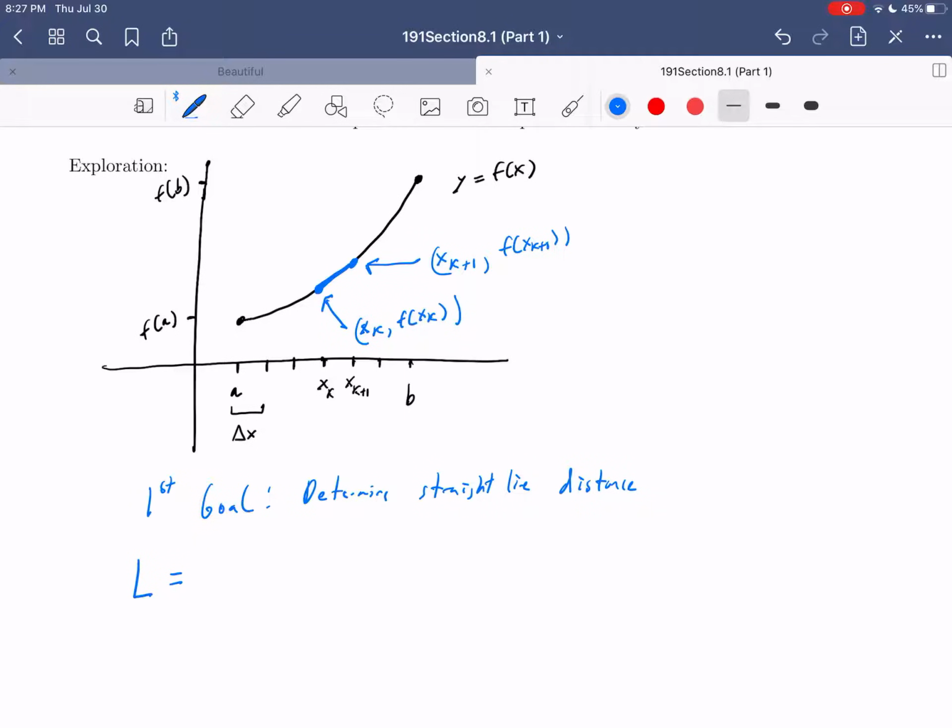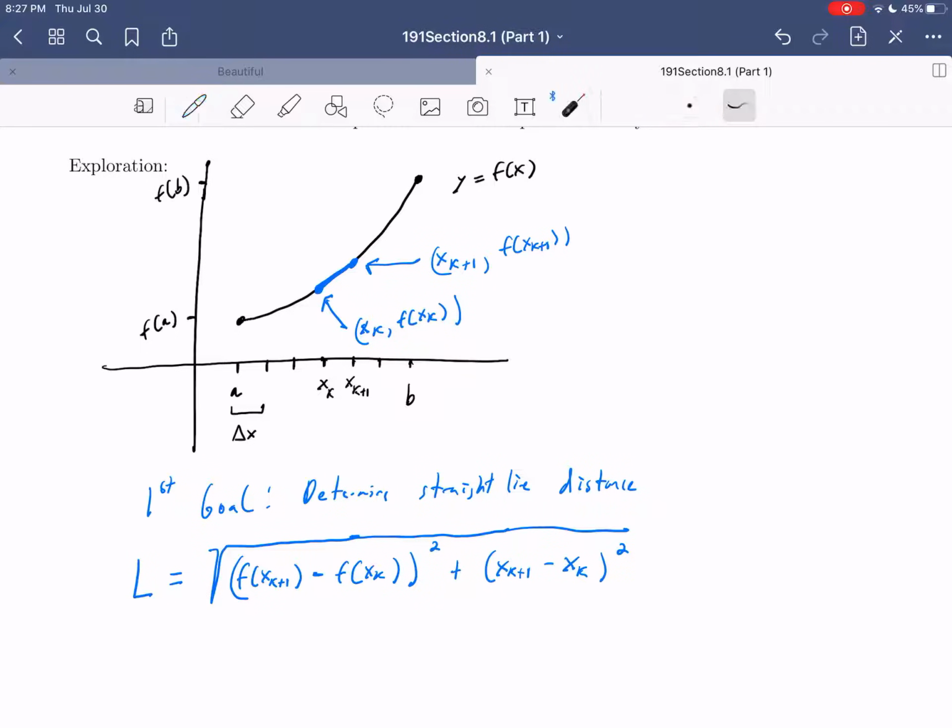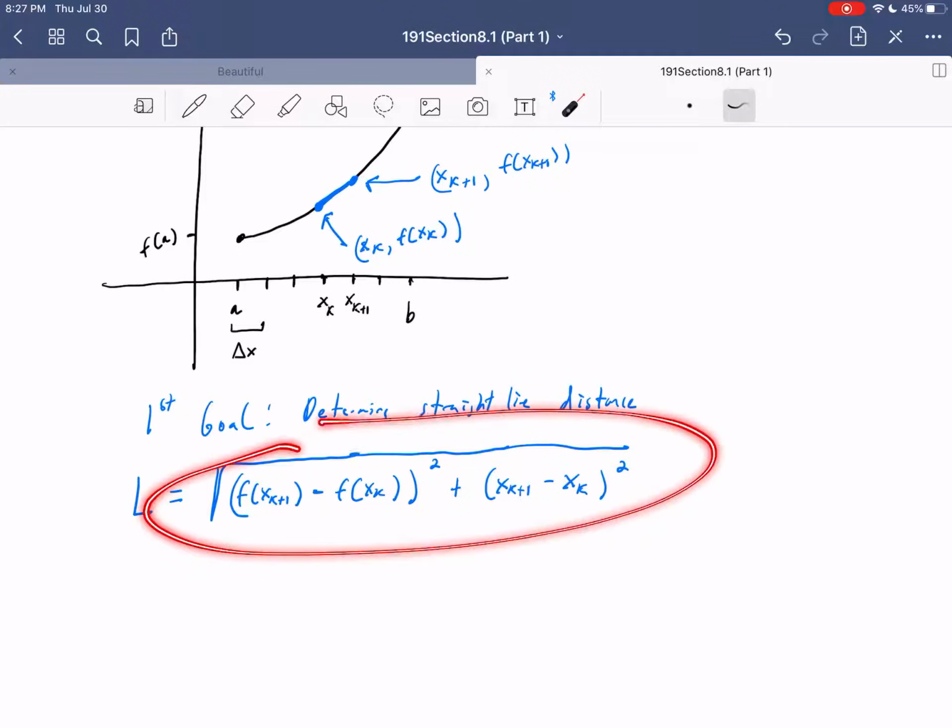So we could say that that length there is the square root of the difference in their y components, f of x sub k plus 1 minus f of x sub k, squared. And then we'd have to add to that the difference in the x components, which would be x sub k plus 1 minus x sub k, squared. And of course, what we're really doing there is measuring how far apart they are this way, how far apart they are that way, and then using the Pythagorean theorem to get that straight line distance there. So that would be our straight line distance.